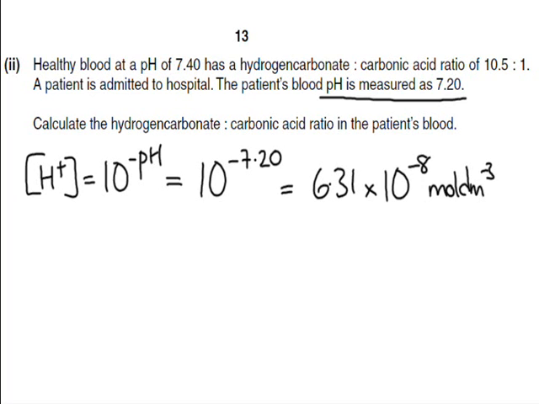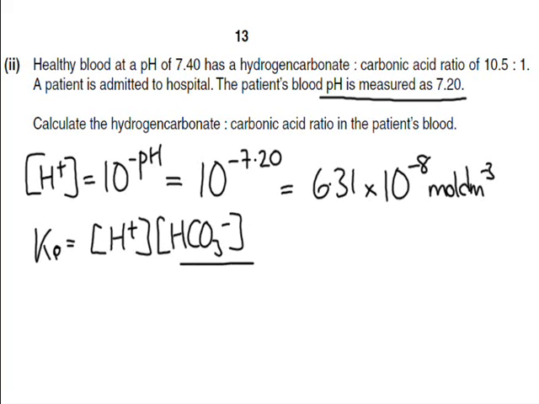Now you need to use the value of Ka that you calculated in the healthy blood, because as I said at the beginning, both Kas will be exactly the same. Ka is equal to the concentration of H plus times the concentration of hydrogen carbonate anion, all divided by the concentration of carbonic acid.